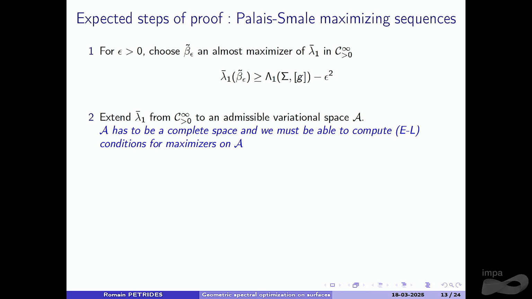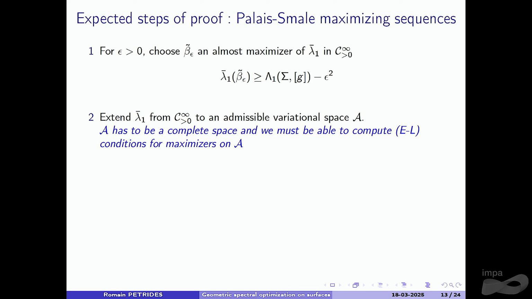But in blue, I just write that A has to be chosen such that you can compute a Lagrange equation for A. Because if you cannot, you are as in the first case. If you choose probability measures, you cannot formulate any almost Lagrange equation, because before, even for the critical case, you cannot do it.